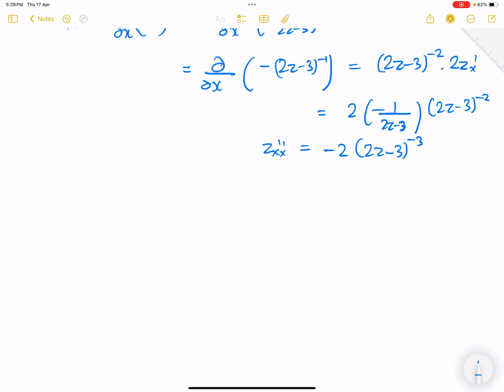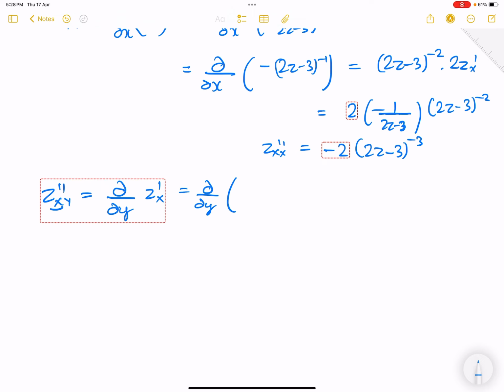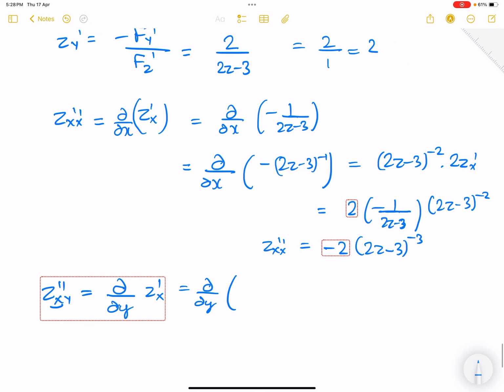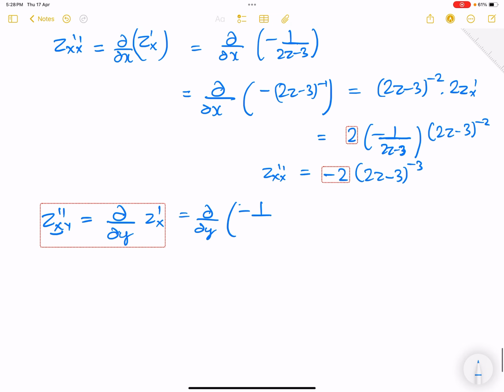Similarly, you can find z double dash xy. ये कैसे होगा, पहले with respect to x करा था, अब with respect to y करना है. z dash x, this is del by del y of z dash x, which was same thing only, -1 by 2z minus 3.